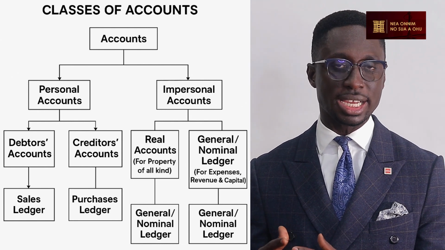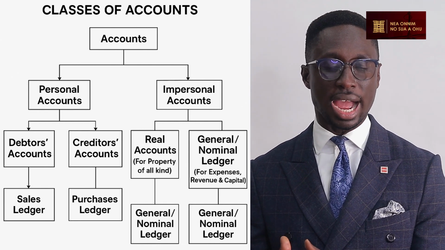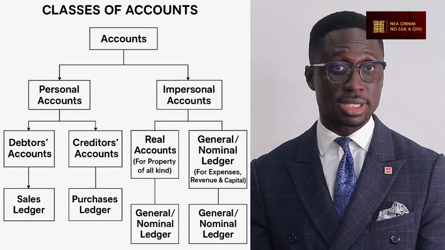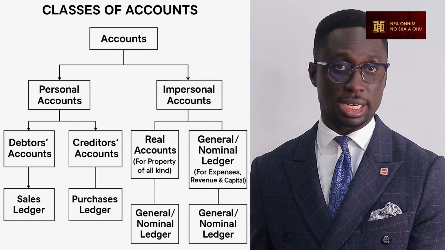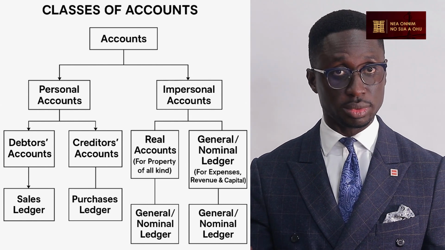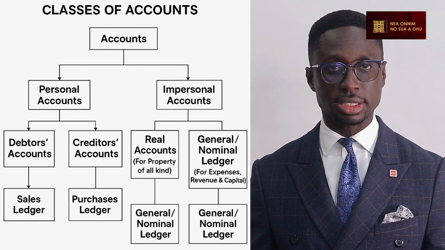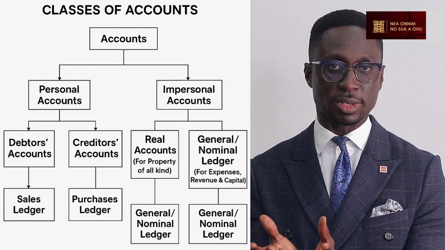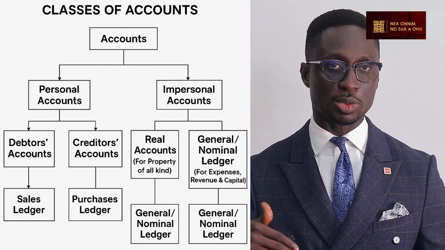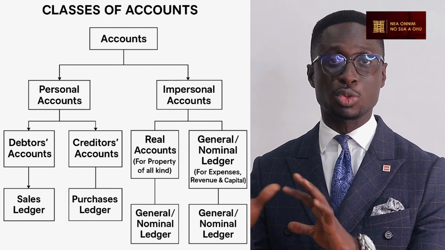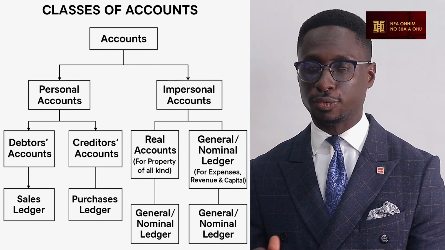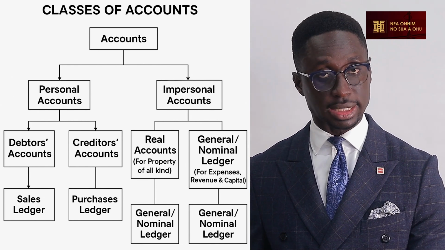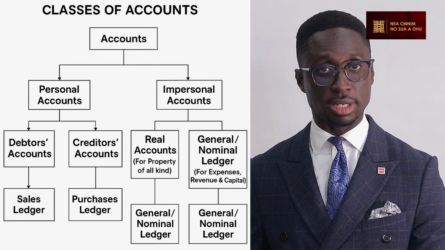So here typically the kind of accounts you find are things like revenue, expenses, and the capital accounts. These will be the typical kind of accounts you'll find when it comes to nominal accounts. And those will also flow into the general or nominal ledger.